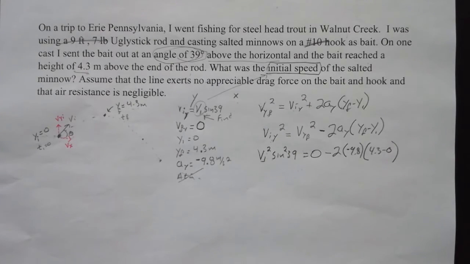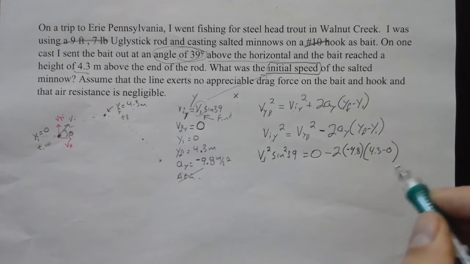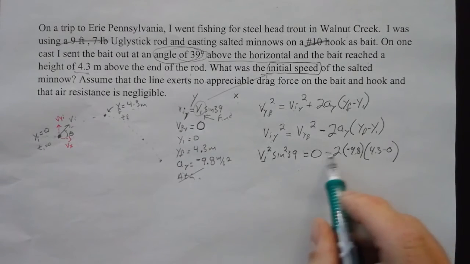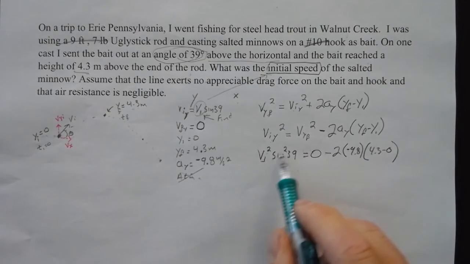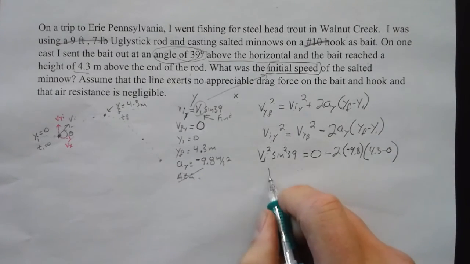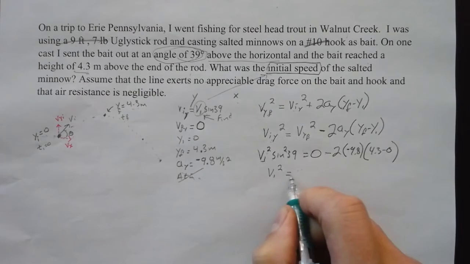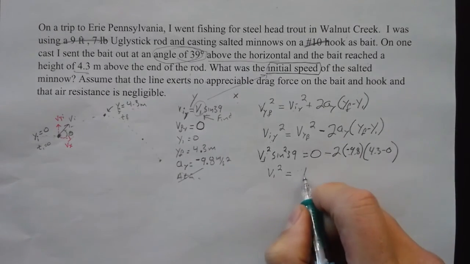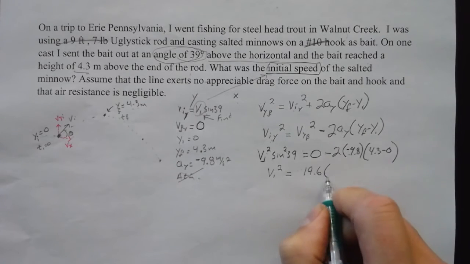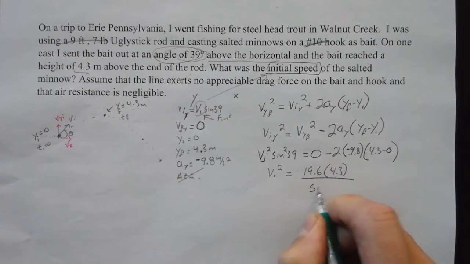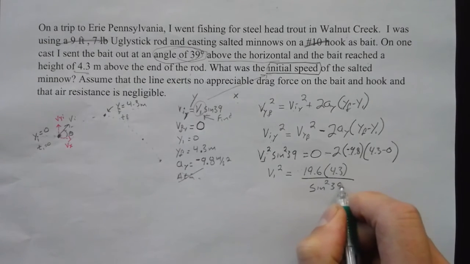All right. I always get concerned when I got negatives in there. Is it going to work out sign-wise? So I see I got two negatives going to be a positive, because this square can only be positive. So VI squared is going to equal, I can distribute that through, that's 19.6 times 4.3 over sine squared 39.